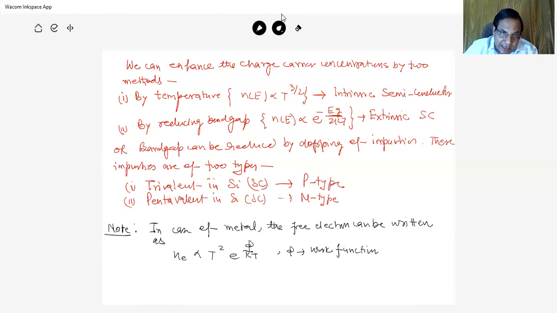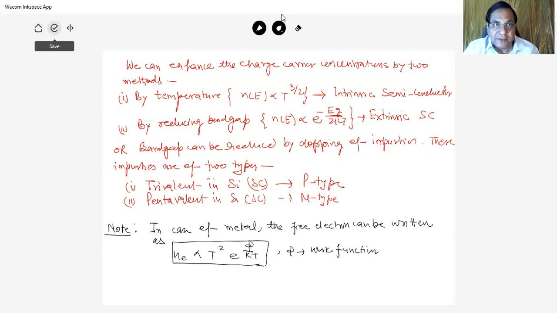So the metal has this kind of expression, which is very similar to the semiconductor materials with certain variation. We will see the final form later, after considering the whole concept for the holes. This is the case of the carrier concentration of electrons.